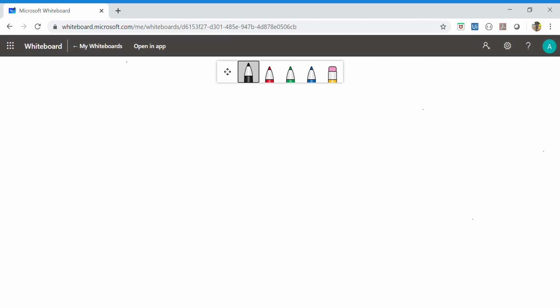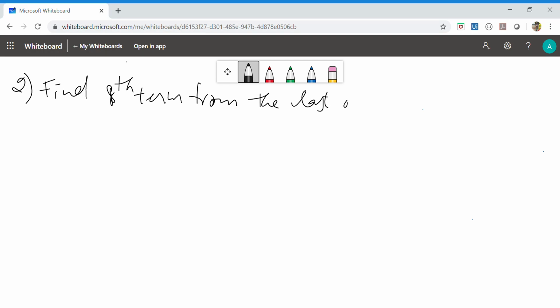Second question. Find the eighth term from the last of an AP.